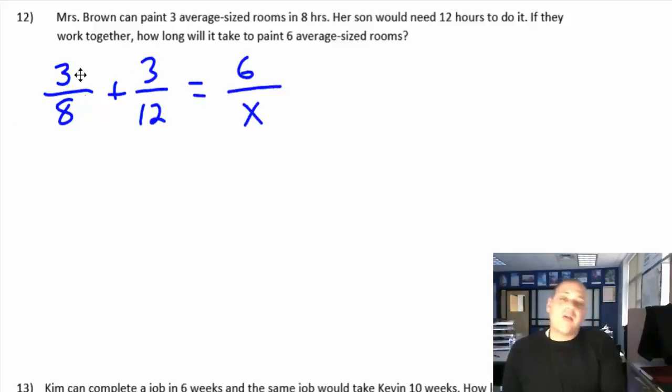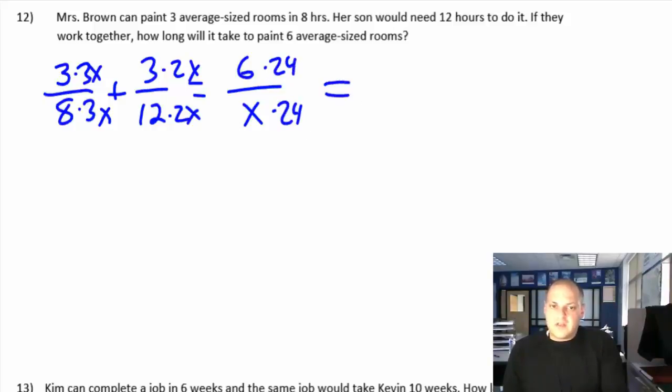So working together, add their rates together. 6 rooms in how many hours? Okay, so we're going to go 24. So we're going to go times 2 here, times 3 here, and then we need our x as well. And this is going to be times 24 because we already have the x.